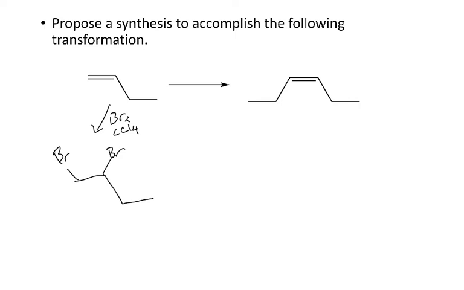I can then turn that into an alkyne by using a sufficiently strong base, and we usually use sodium amide. And then I'll react that with water, and that's going to give me this compound.